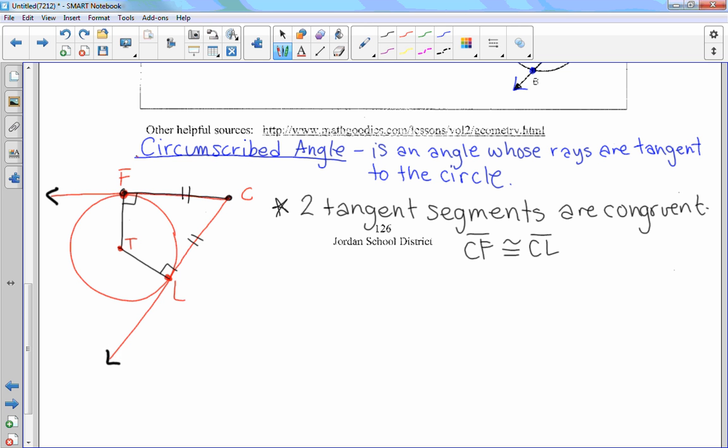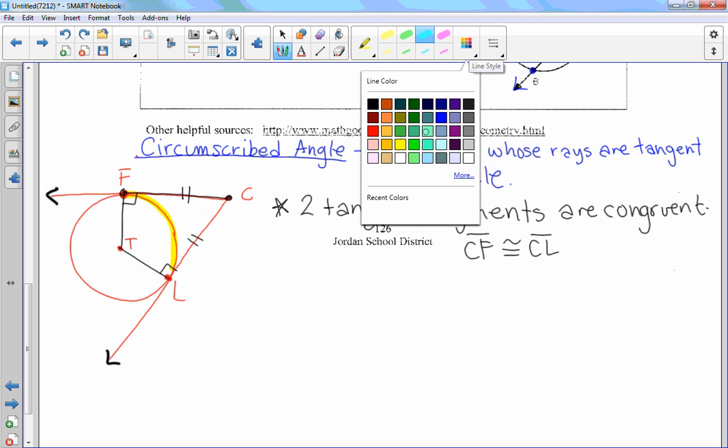Now, as far as the measurement of angles go, angle C has a relationship to this minor arc. Remember, the minor is the smaller one. We also have a major arc on the outside.